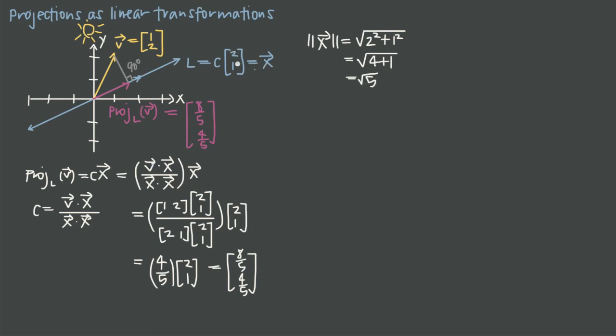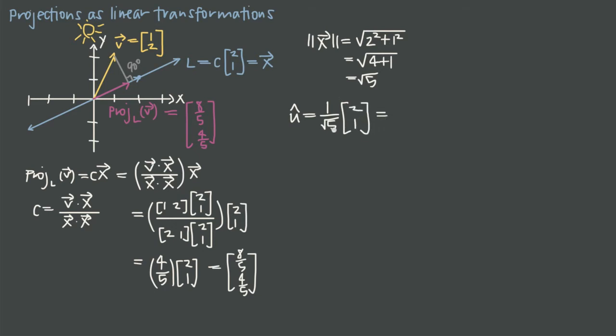Remember that if we want to normalize the vector x, all we do is take 1 over this length and multiply that scalar by the vector 2, 1. So we'll say that the normalized vector, we'll call it u hat, will be 1 over root 5 multiplied by the original vector here, 2, 1.